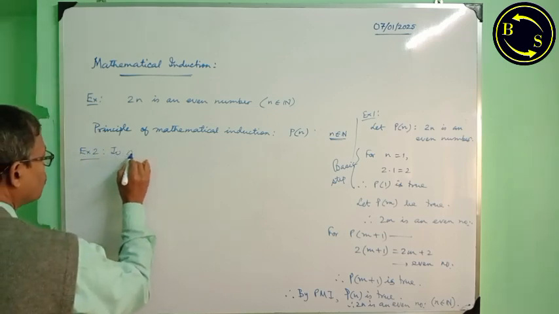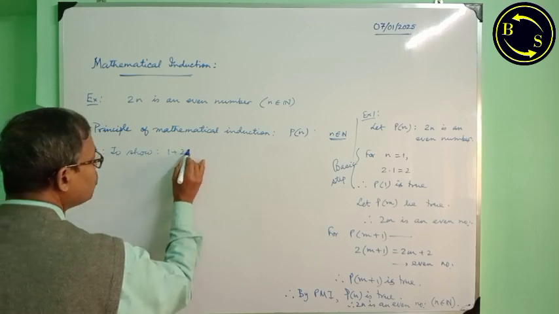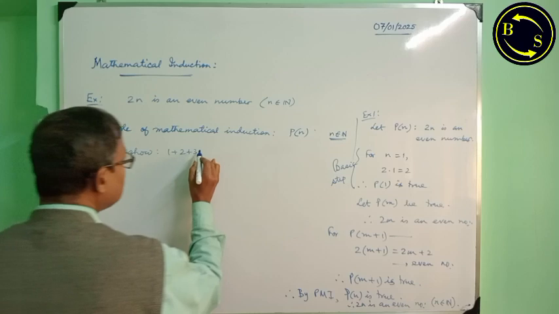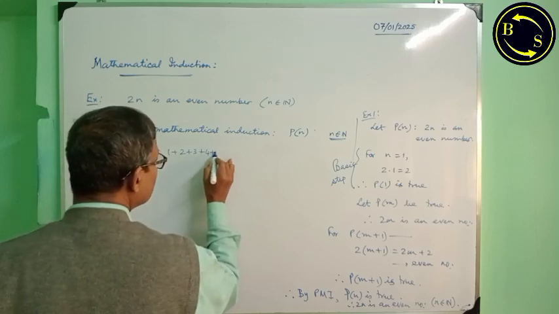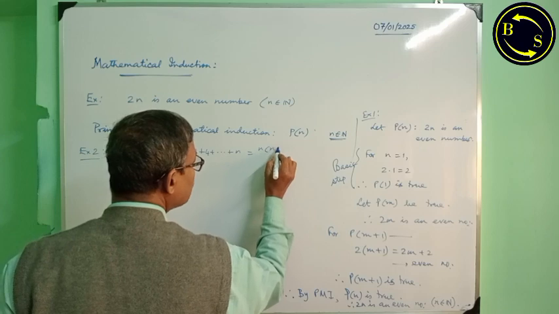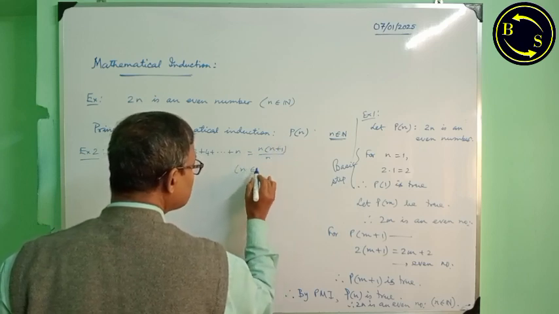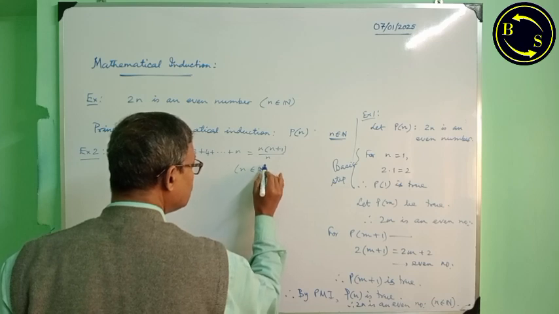To show 1 plus 2 plus 3 plus 4 up to n is equal to n into n plus 1 whole by 2, where n is any natural number.